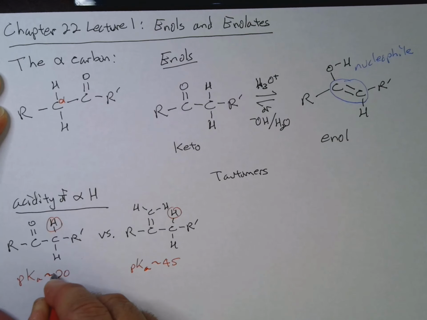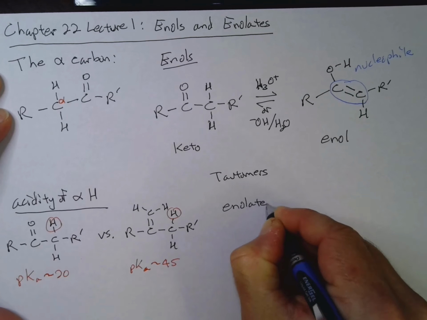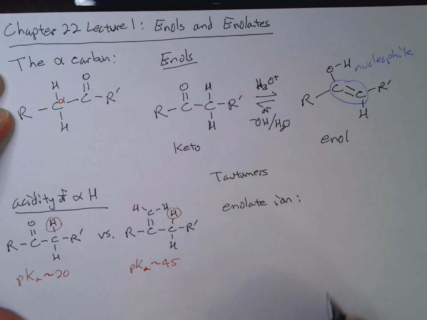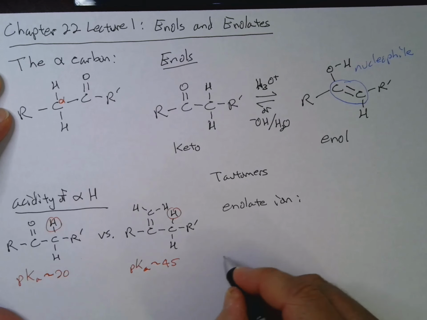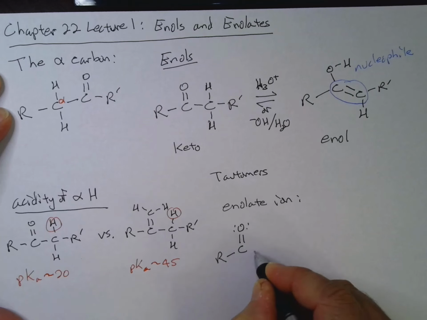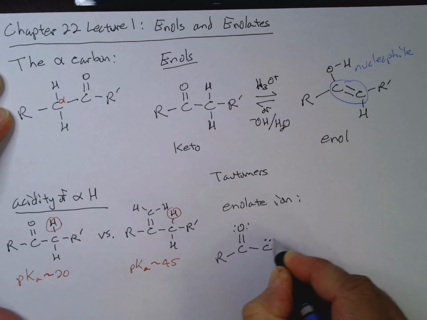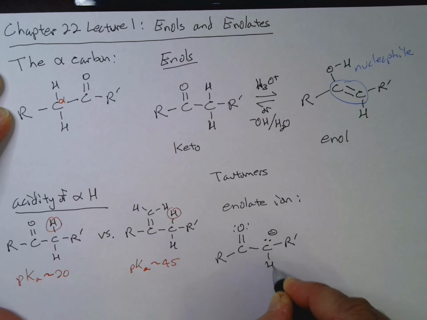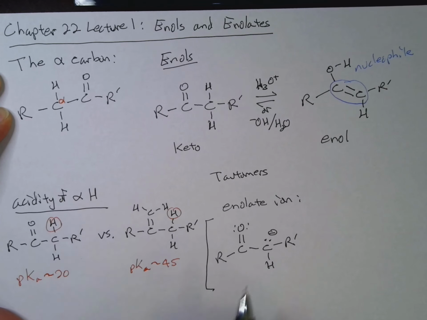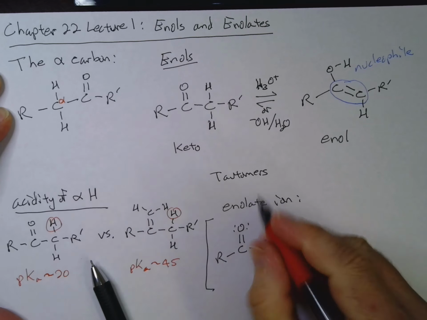And the reason for that is the enolate ion. If we pull off this proton, what do we get? Well, R-C(=O)-C with a lone pair and negative charge, R', H. Of course, we can have a resonance structure.